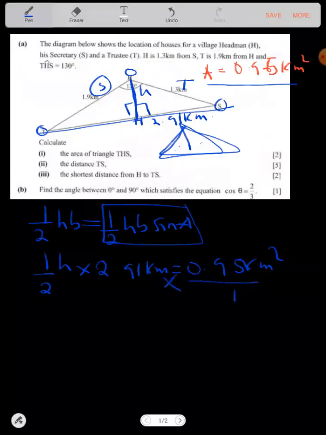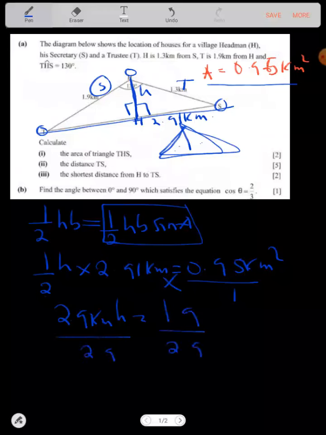Then we're going to have 2.9 kilometers times h be equal to 0.95 times 2, you get 1.9. So divided by 2.9 this side, by 2.9. Remember there's kilometer squared here and then just kilometer.